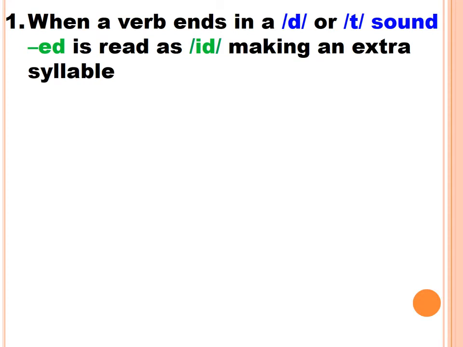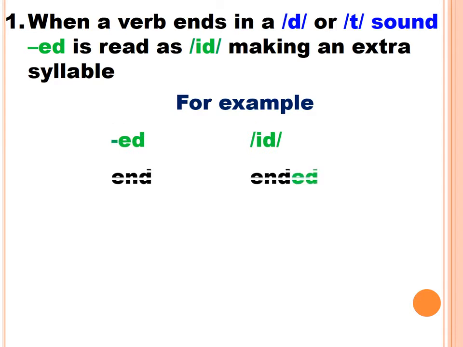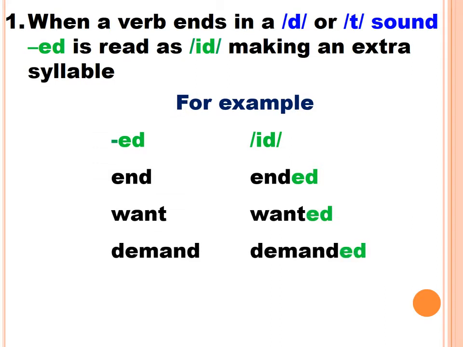The first way is when a verb ends in a d or t sound, ed is read as id, making an extra syllable. For example, end, d, ended. Want, t, wanted. Demand, d, demanded. Visit, t, visited.